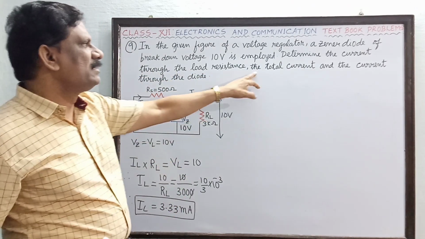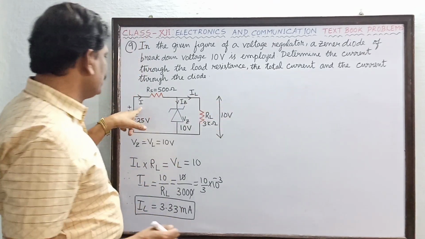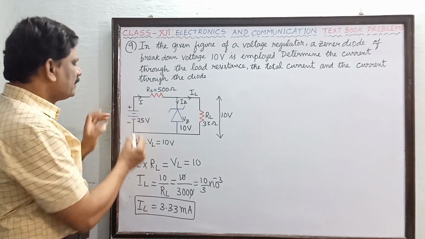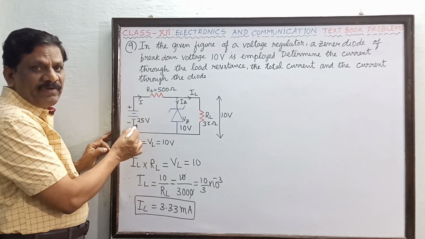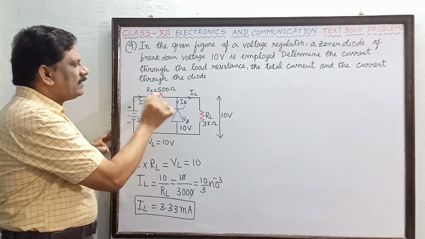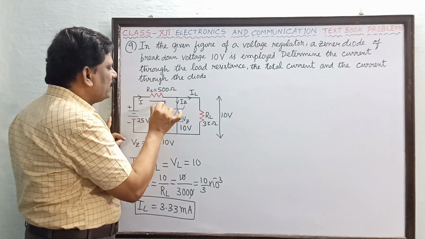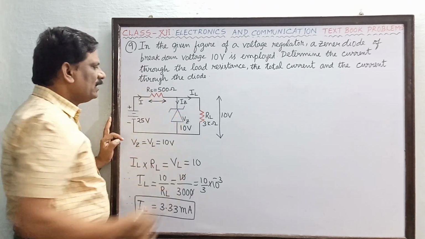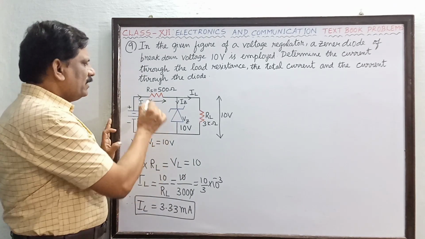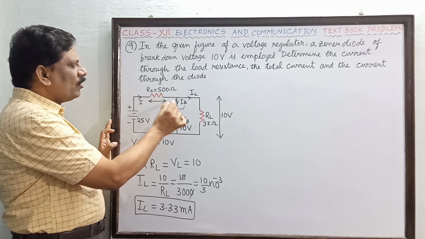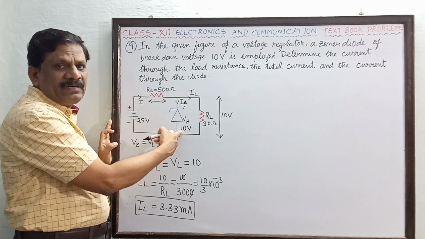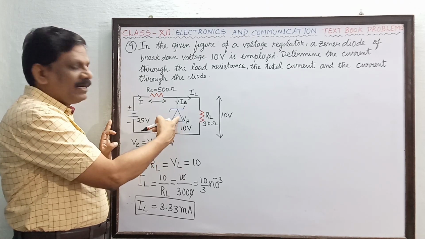Next, the total current in the circuit is I, is it not? So this I is the current sent by the battery of 25 volt. When the current is flowing through this resistance of 500 ohm, a potential difference will be dropped across the resistance. And in the closed loop with this Zener diode, there is an opposing voltage of 10 volt, because it is a reverse bias diode.